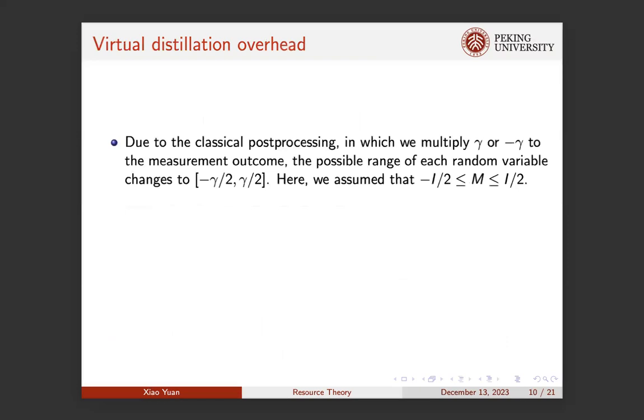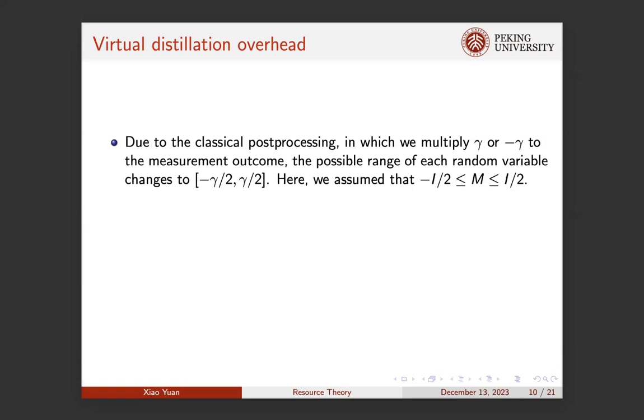But we could easily find that this is not for free, right? Because here we multiply the measurement outcome by gamma or minus gamma. So the range of the measurement result is larger than the original one. For example, assume the original measurement is a bounded operator like this.